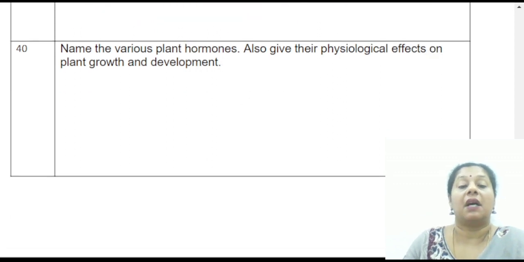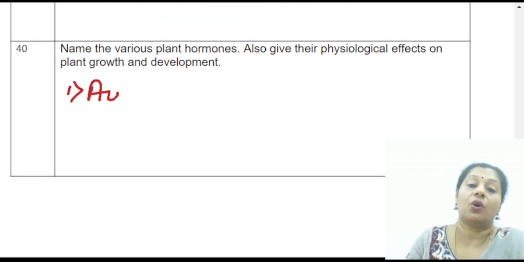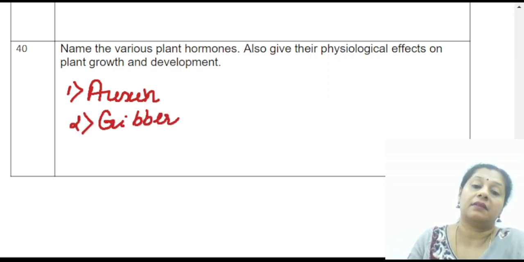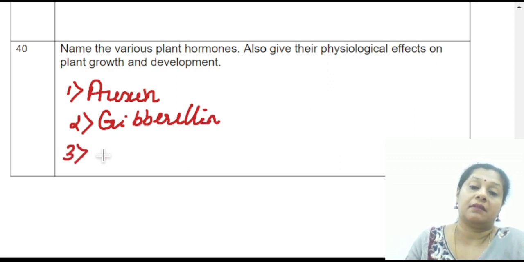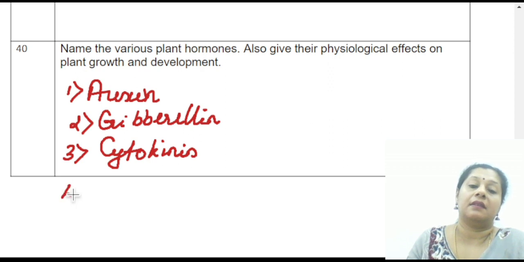Name the various plant hormones. We are studying 4 hormones: auxin, gibberellin, cytokinin and abscisic acid.